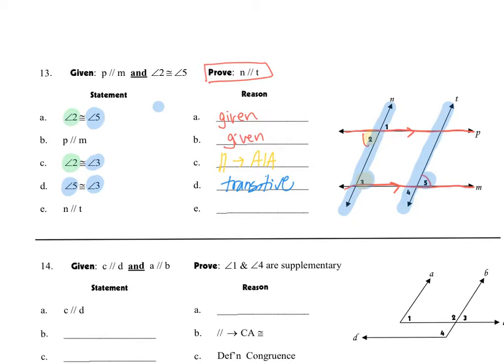And therefore, that's going to be our reasoning: we have corresponding angles that are congruent, and thereby that implies that these lines are parallel. And so therefore we have now proved that line N is parallel to line T.